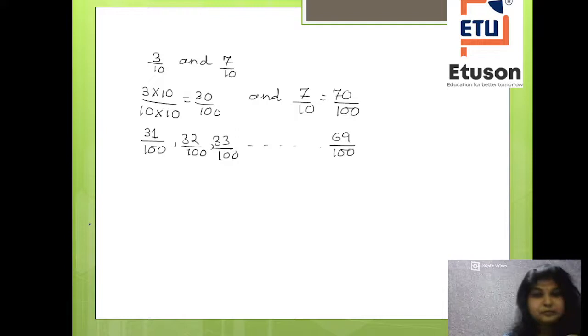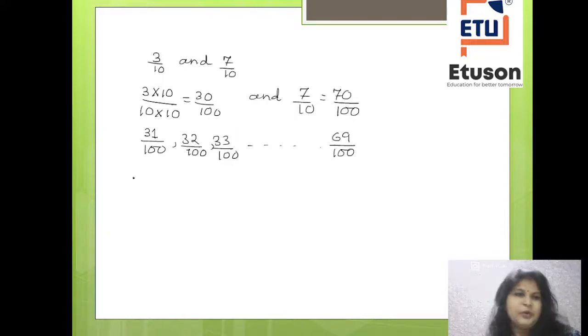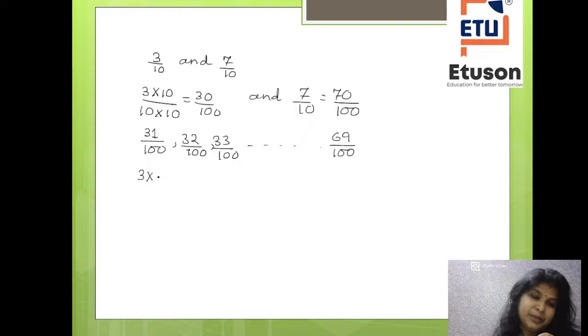Correct or not? Now do you think only this many numbers are possible? No. Now you can keep on increasing the value of the denominator. For example, suppose in place of 10 I want to bring 1000, so I will multiply by 100 here.